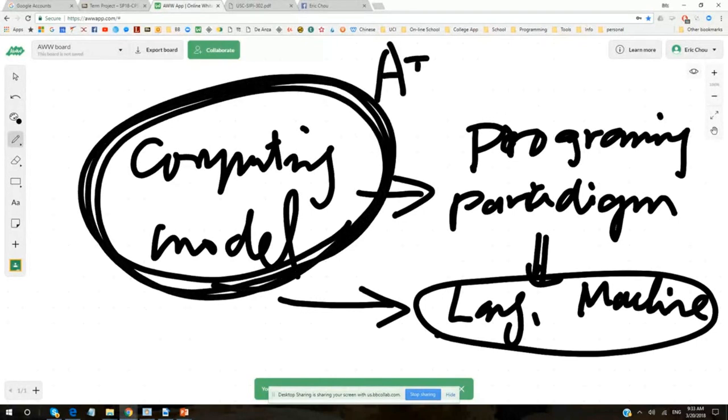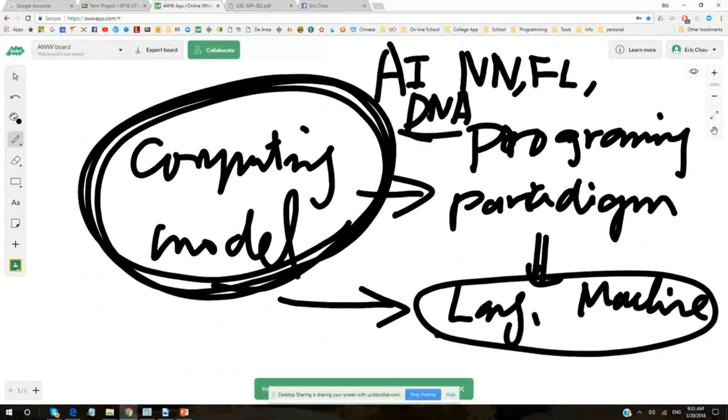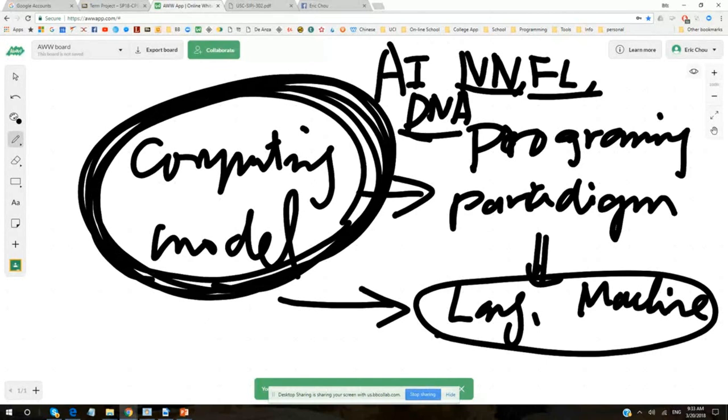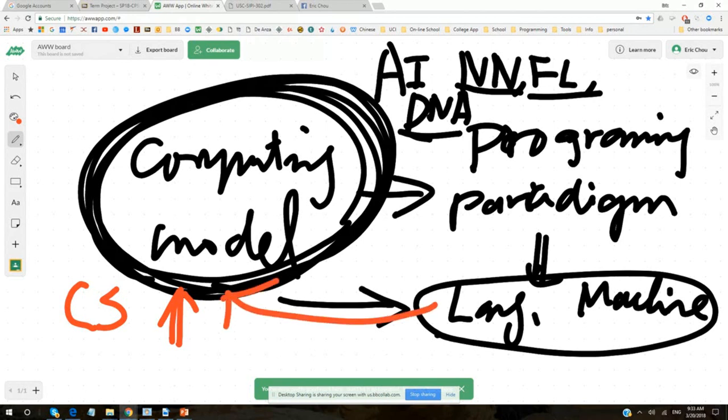For AI, now you hear neural network, fuzzy logic, and you may hear some other terms like DNA computing. Those are different ways of modeling a computing. Computer science is to map your problem onto your computing model, and you solve it by a certain computing model. The language and machine support the problem solving.